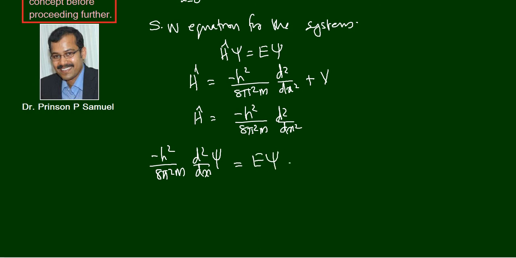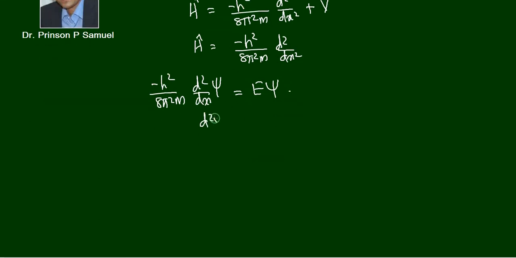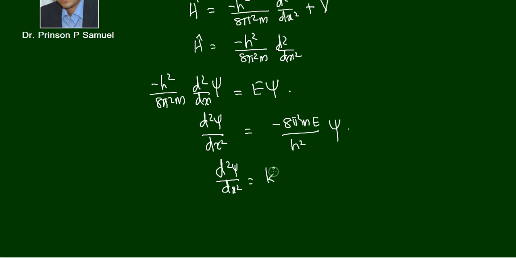So we can rearrange this equation further. That is, d square psi by dx square is equal to minus 8 pi square m E divided by h square into psi, or I can write it as d square psi by dx square is equal to minus k square psi, where k square is equal to 8 pi square m E divided by h square.